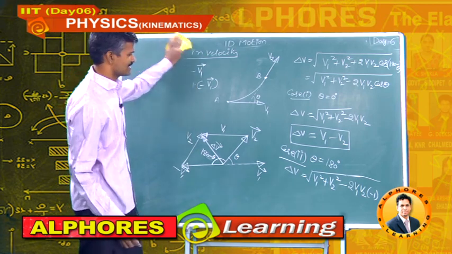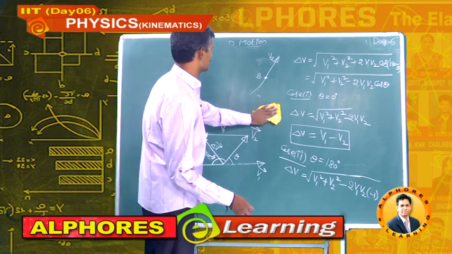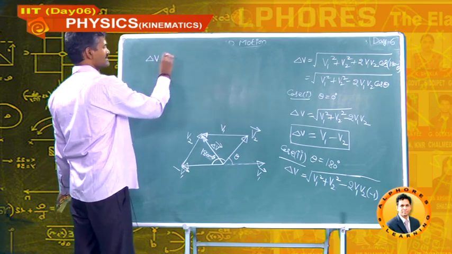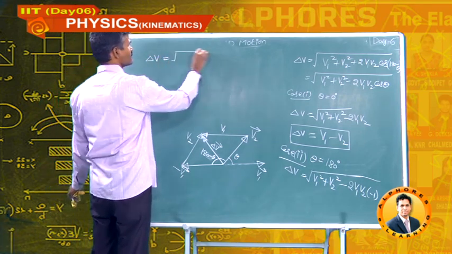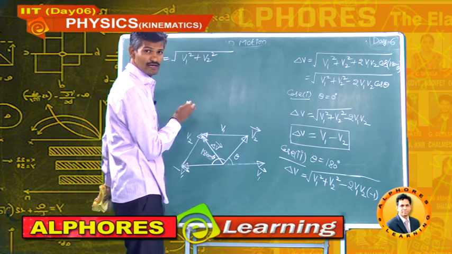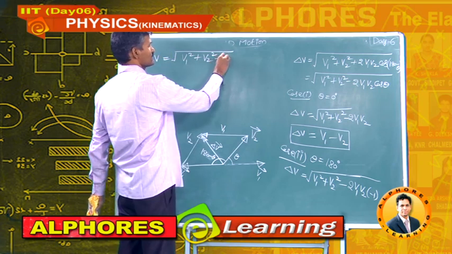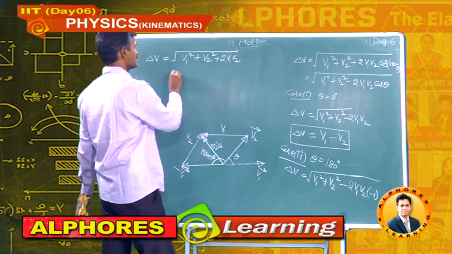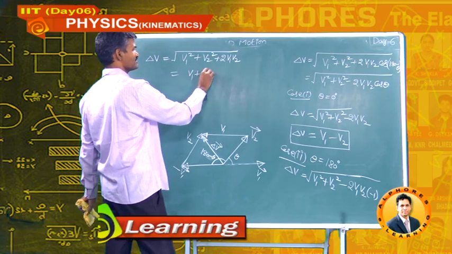So from that you can calculate change in velocity as root of V1 square plus V2 square plus 2V1 V2. This is nothing but V1 plus V2.